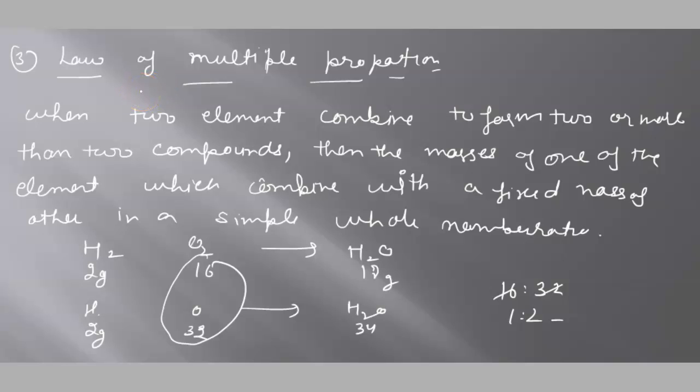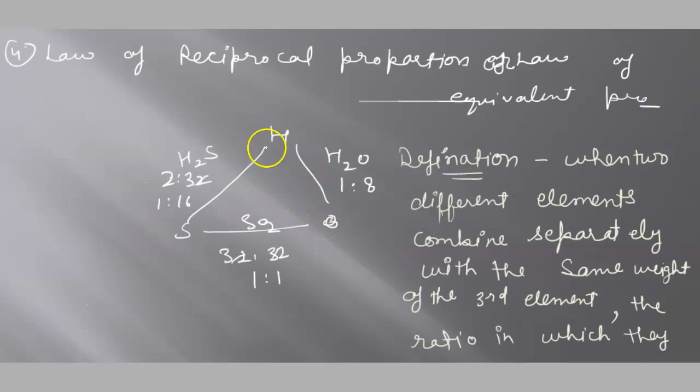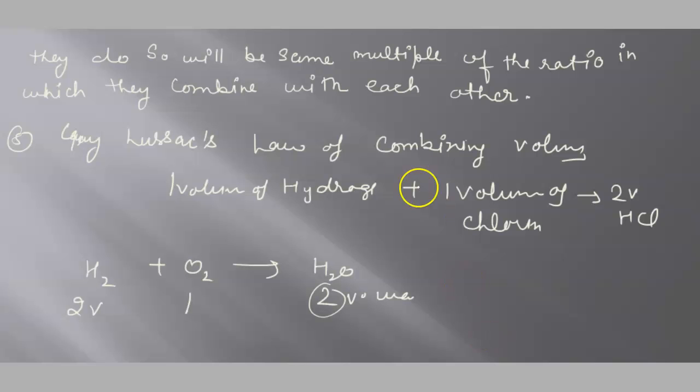The third law is the law of multiple proportion: when two elements combine to form two or more than two compounds, the masses of one of the elements which combine with a fixed mass of the other are in a simple whole number ratio. The fourth is the law of reciprocal proportion or equivalent proportion: when two different elements combine separately with the same weight of a third element, the ratio in which they do so is the same as, or a multiple of, the ratio in which they combine with each other.